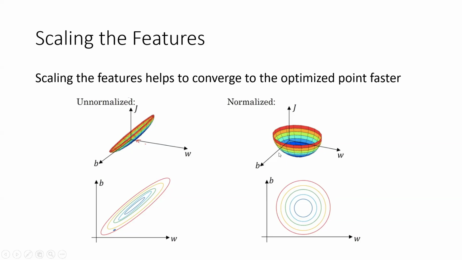So this is the 3D visualization, and this is the contour graph, which is the 2D projection of this 3D visualization, which is the cost function change with respect to the weights and biases.